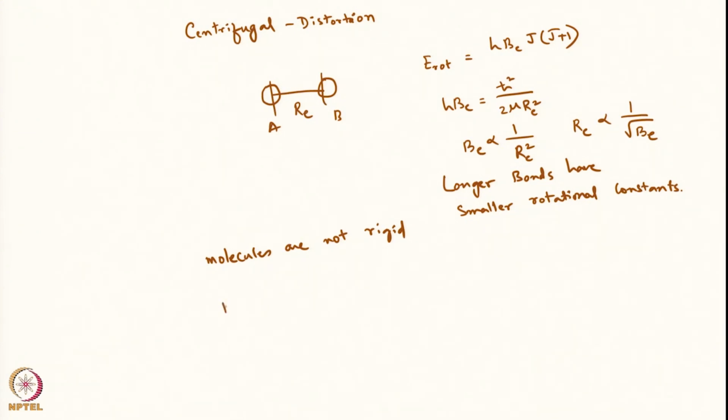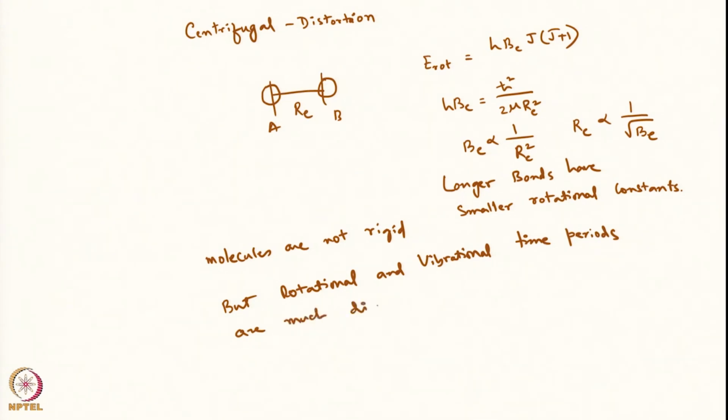So, molecules are not rigid, but rotational and vibrational time periods are much different. How different? For example, rotational time periods are picoseconds and vibrational time periods are femtoseconds. So, they are 3 orders of magnitude different.